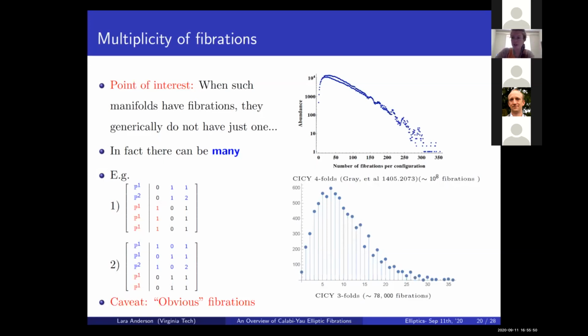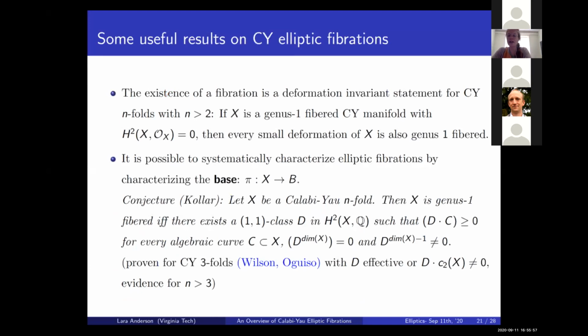Okay, I'm running short on time, so I'm just going to give you a flavor for what one can extend further. What my collaborators and I have worked on is trying to say, for a general elliptically fibered manifold, what I want to characterize is not just whether I can spot a fibration from the algebraic description, but whether the manifold is really fibered.